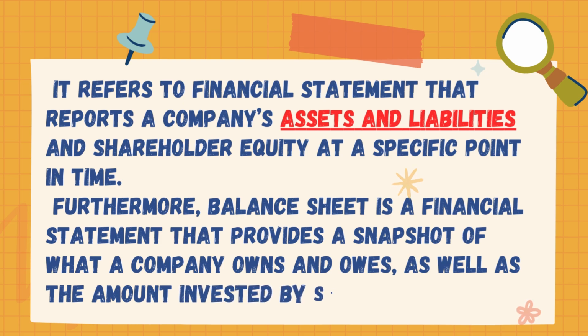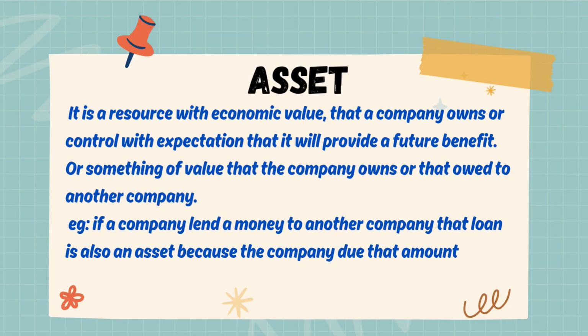After knowing that the balance sheet determines the assets and the liabilities of the company, let's give a simple definition of assets. What do assets mean? An asset is a resource with economic value that the company owns or controls with the expectation that it will provide a future benefit, or something of value that is owed to the company.